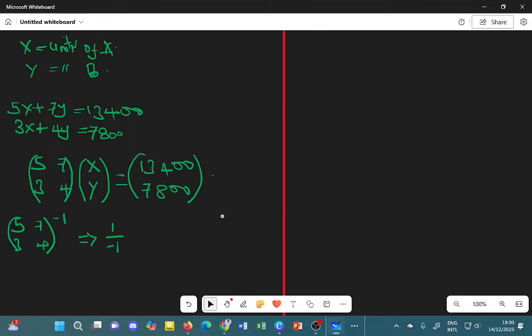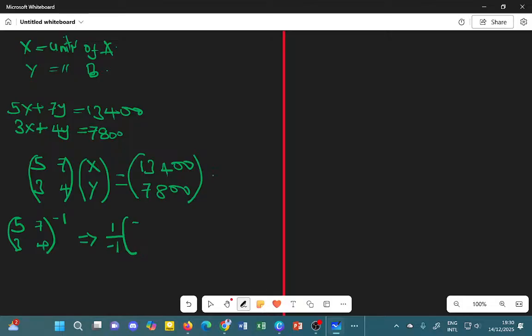But we then pre-multiply here. Now we reverse the entries here and change the signs, so that 4 gets to where 5 is and 5 comes to where 4 is, and give them different signs, but the other diagonal remains unchanged.